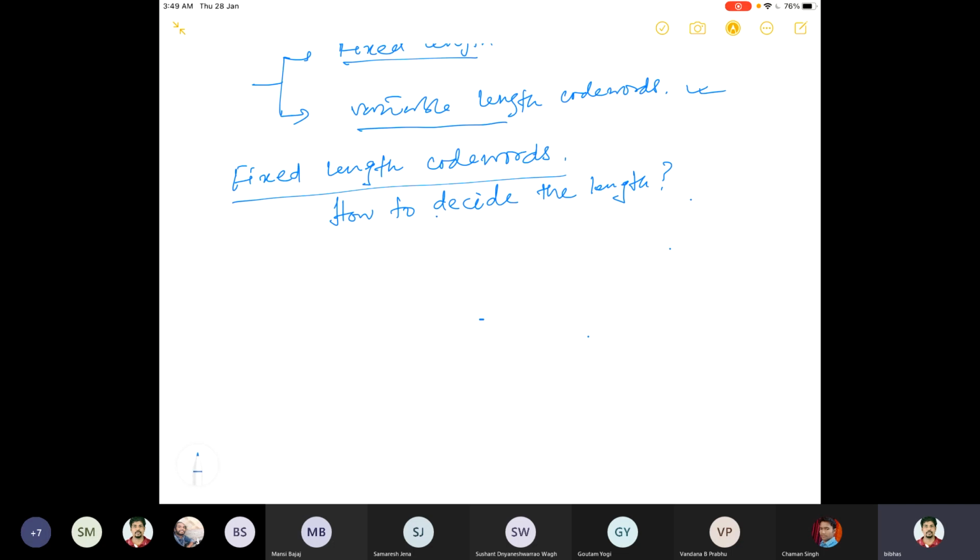The receiver should recreate the original message, or original sequence of letters, from the sequence of 0s and 1s. So it is desirable that with high probability the receiver is able to do that. One informal way to guarantee it is that each code word is different, so for different symbols you have different code words.